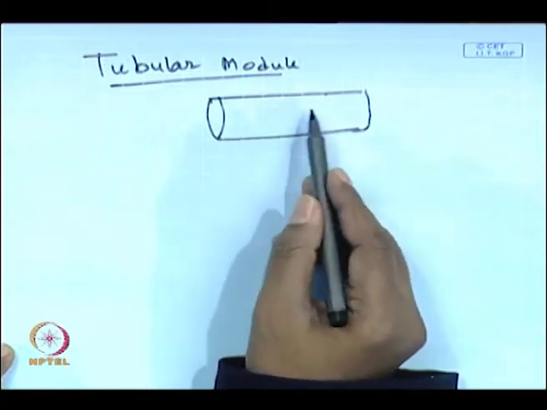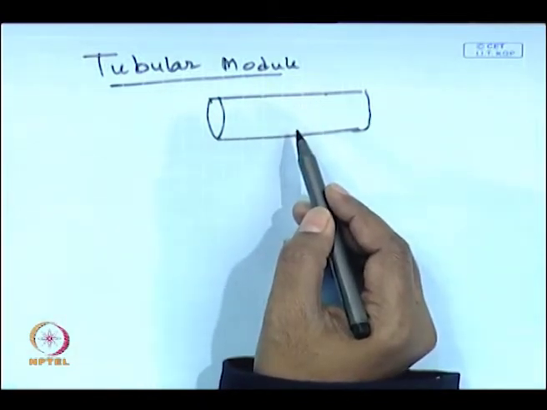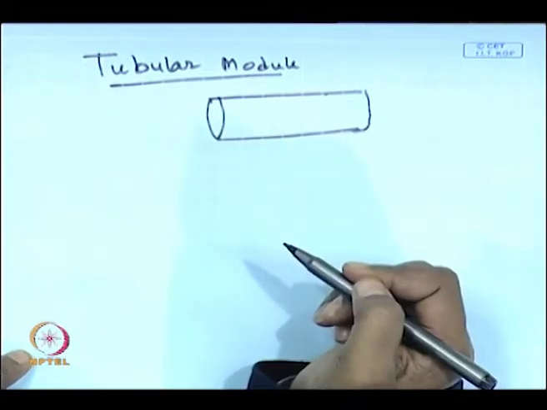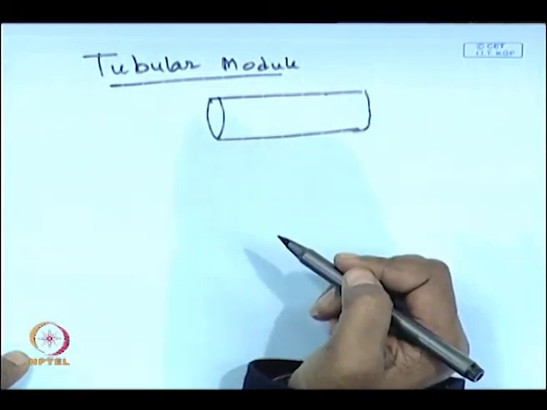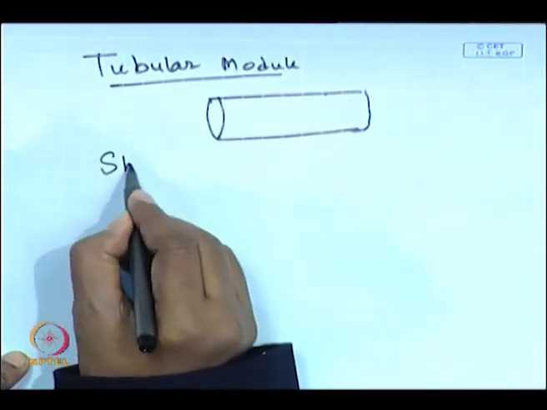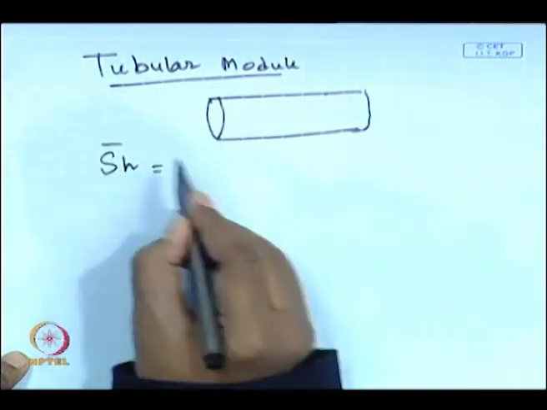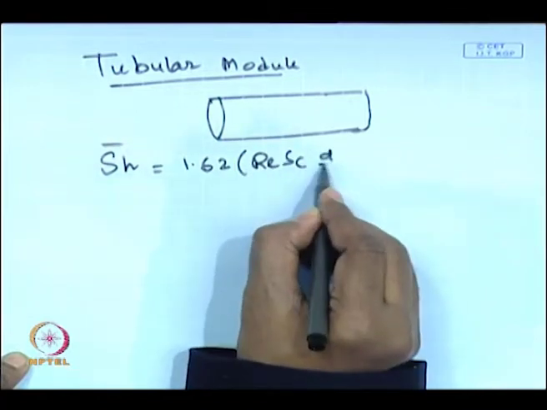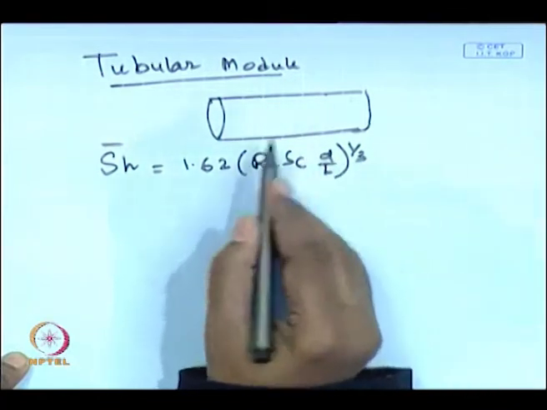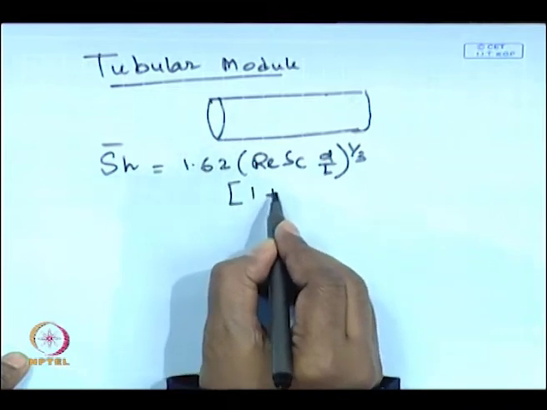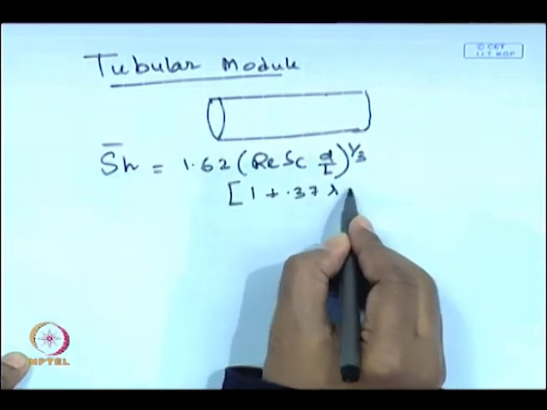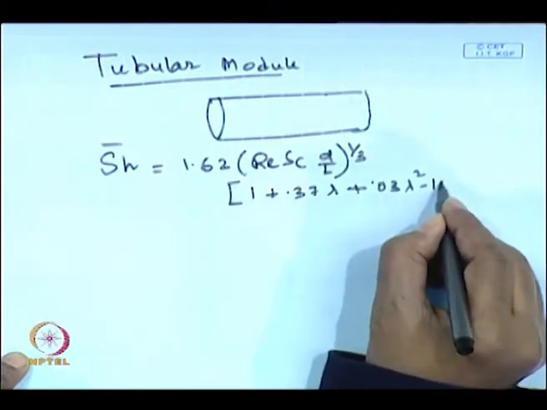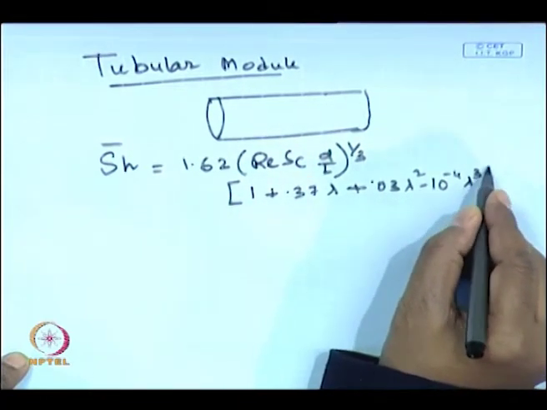So the membrane is basically kept in the wall, and the Sherwood number relationship can be obtained in the same fashion. You can look into that paper and see the derivation in detail, and the length average Sherwood number becomes 1.62 Reynolds Schmidt d by L raised to the power 1 upon 3 multiplied by 1 plus 0.37 lambda plus 0.03 lambda square minus 10 to the power minus 4 lambda cube.